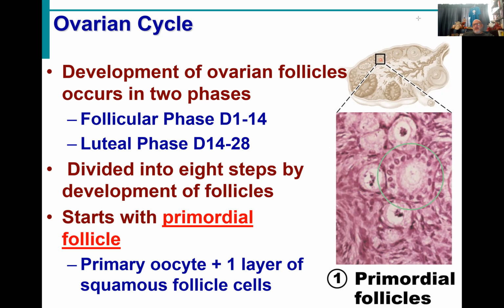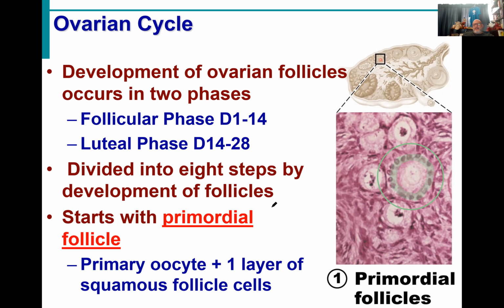Notice right here, we see an egg, a little bit larger than the other ones, but it's still a primary oocyte frozen in prophase 1. But notice here, we have a single layer of cuboidal cells around it.